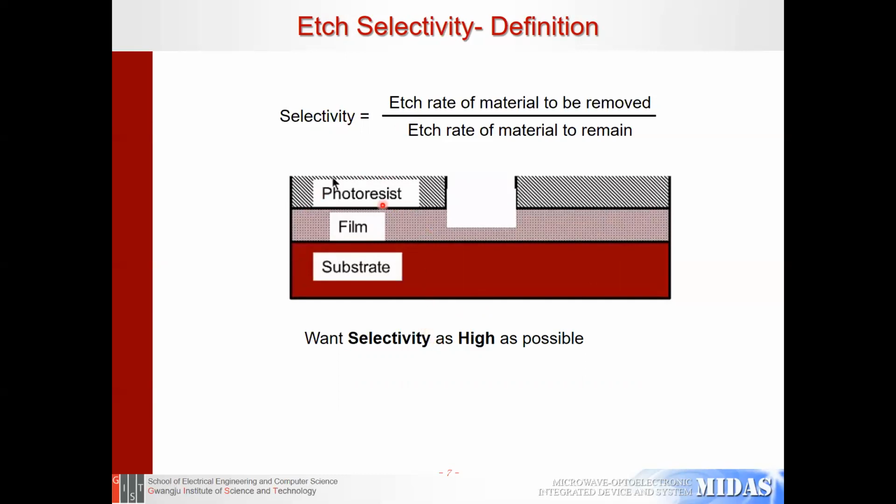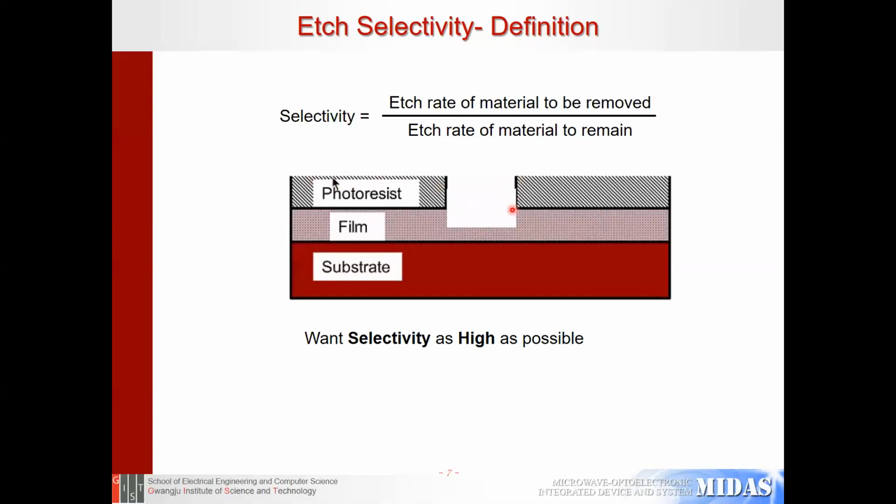So now I have removed some of my photoresist and I am etching this material. The reason why I want selectivity is I don't want to lose this mask material before I get all the way through the film I'm etching.